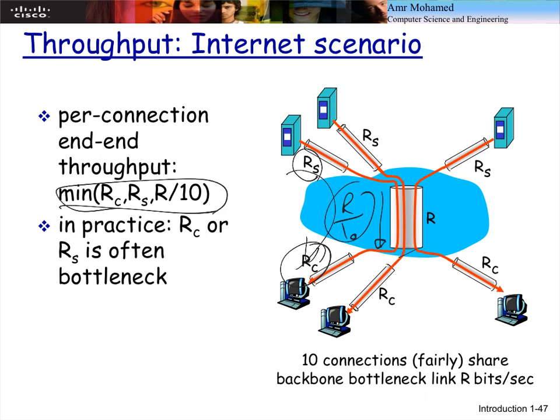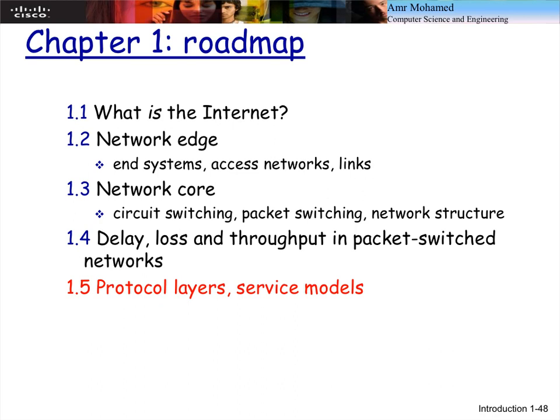So this is the average throughput per connection for this example, assuming, of course, that the bandwidth at the core network link is shared fairly. Because this is not always the case.